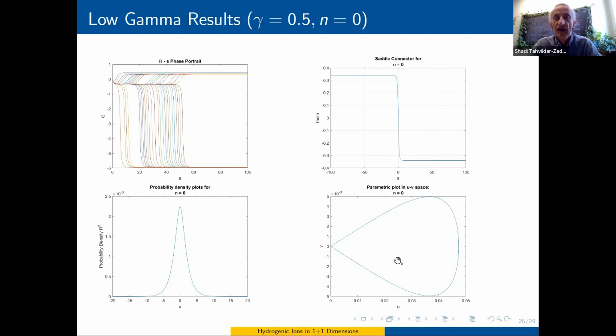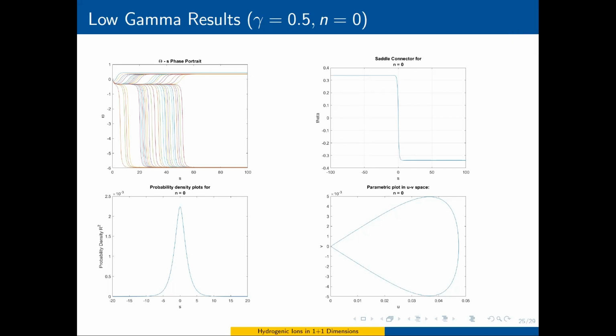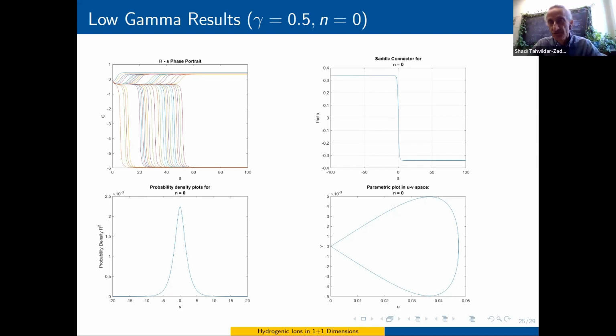Okay. Now, what happens for the first excited state, right? Can you guess what the first excited state would look like in this picture? Well, one loop extra, right? Well, not quite, but yeah, you have the right idea.